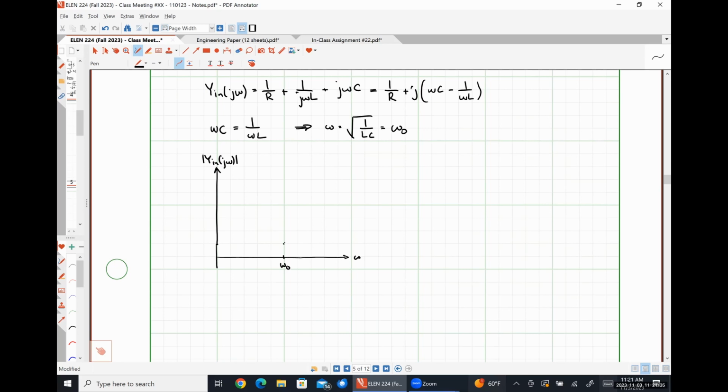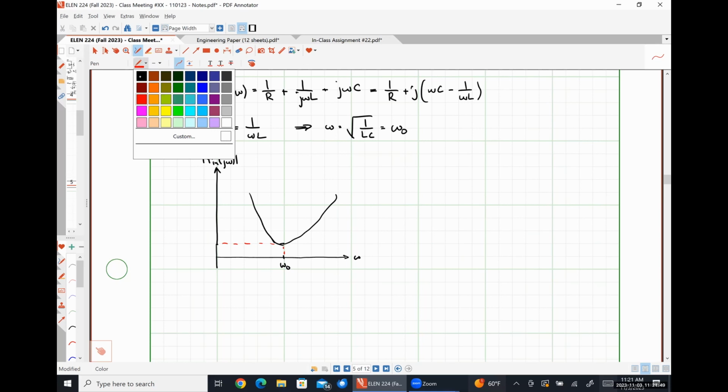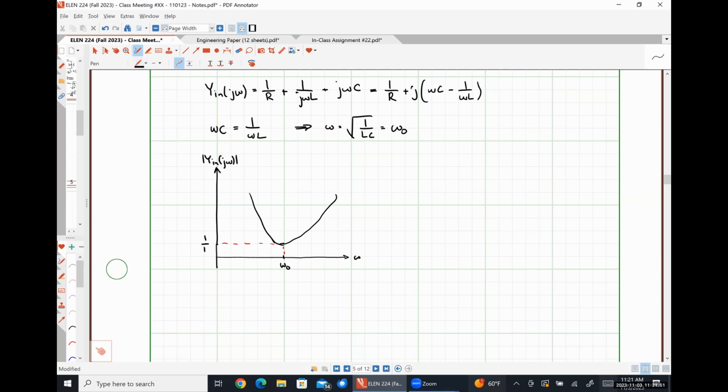We should see that at the resonant frequency, our admittance hits the minimum. So it's going to look something like this, where this minimum value is 1 over R. Another way to think about this would be to flip this graph upside down. At our resonant frequency, our impedance should be at its maximum value.